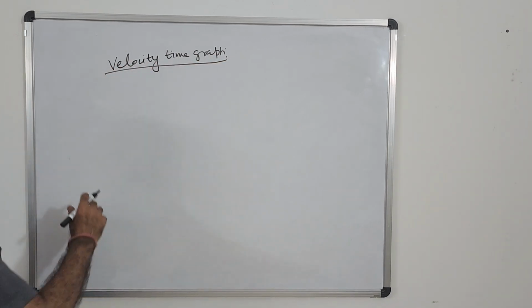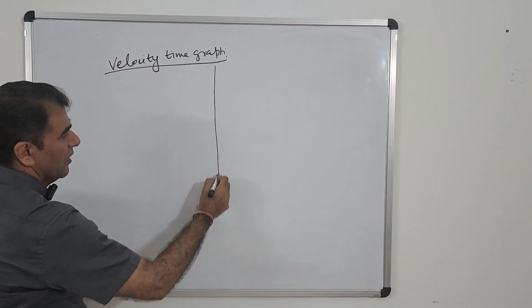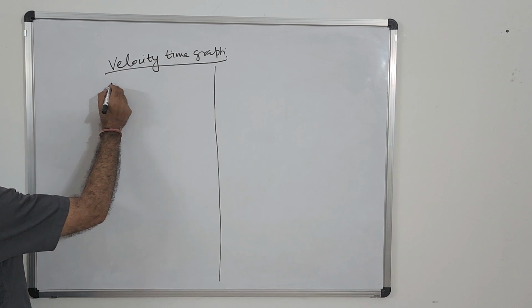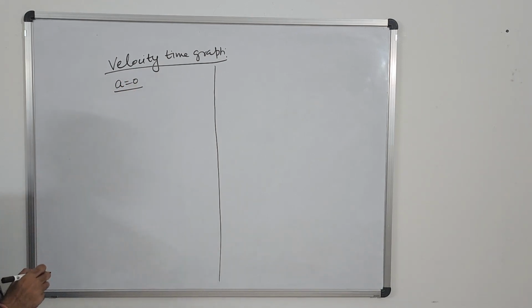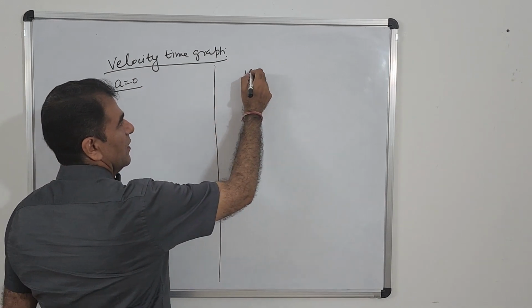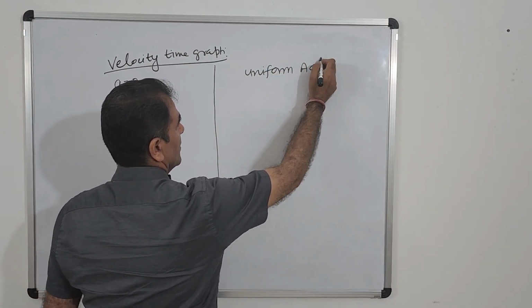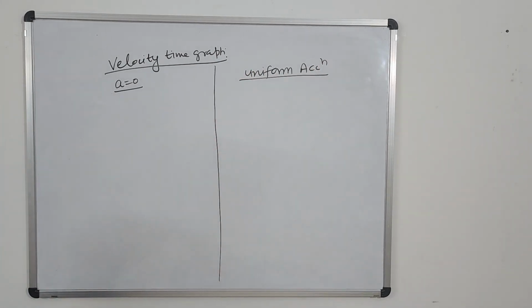This velocity time graph will be divided into two types actually: when there is no acceleration, acceleration is zero, and when there is uniform acceleration. Let me tell you what this means.